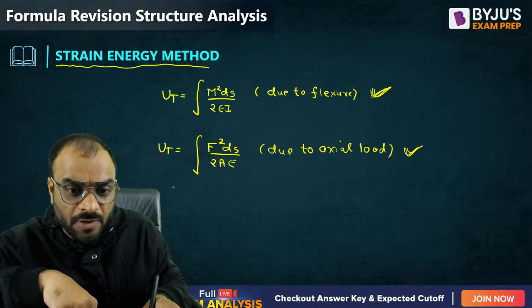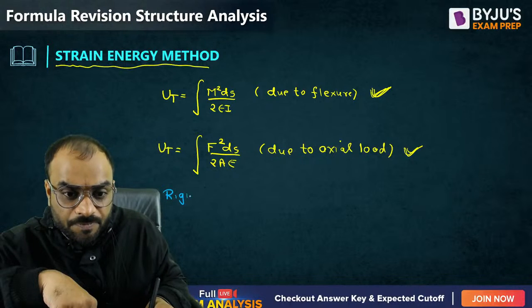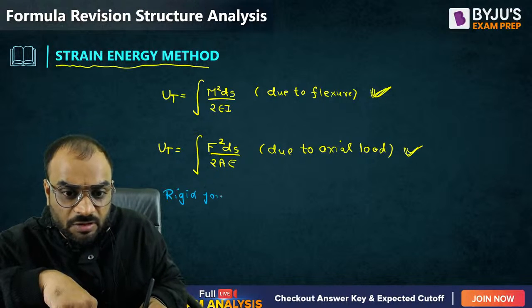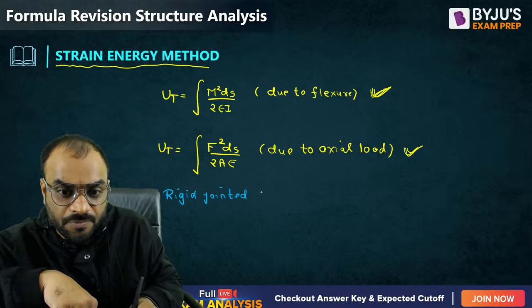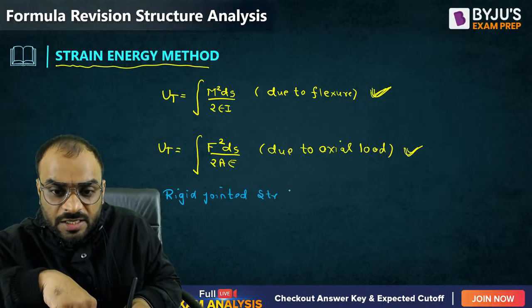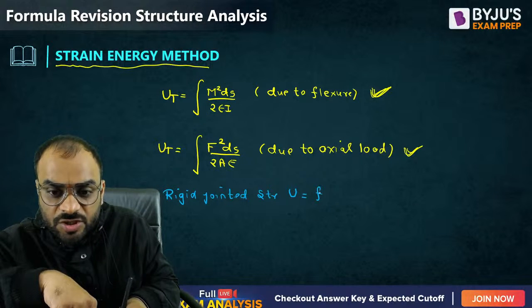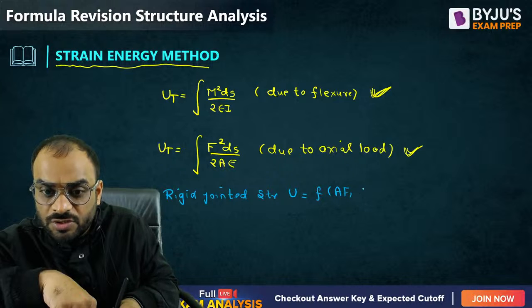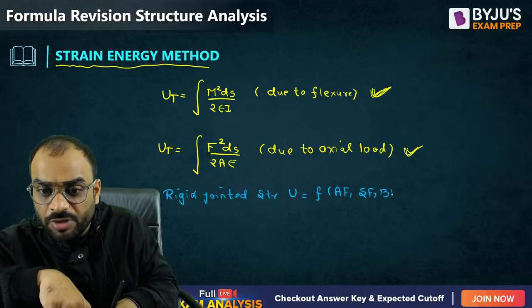In case of a rigid jointed structure, the strain energy can be a function of axial force, shear force and bending moment.